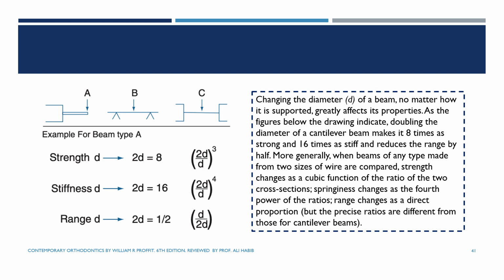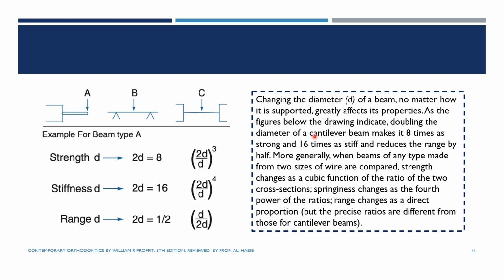I forgot to turn on the laser pointer, but this is the finger spring model, a beam supported on one side, and this is the beam supported from both sides, like the wire between two brackets. And this one is the finger spring, or extrusion or intrusion canine springs.